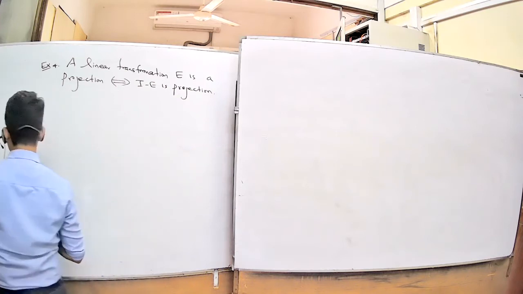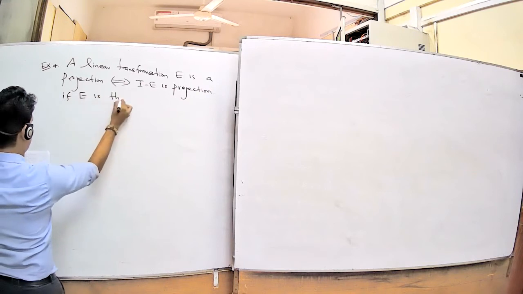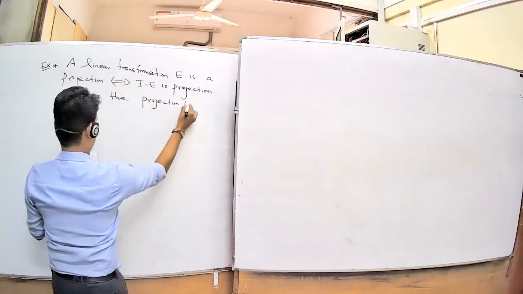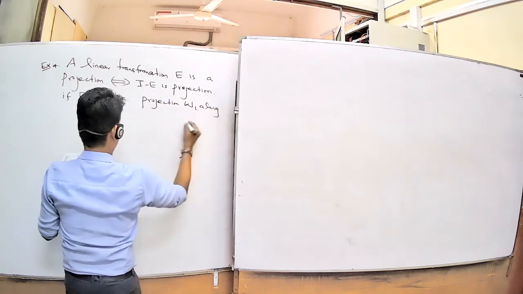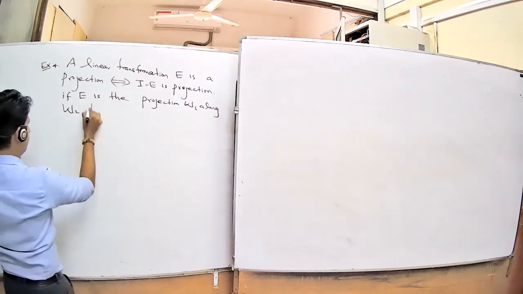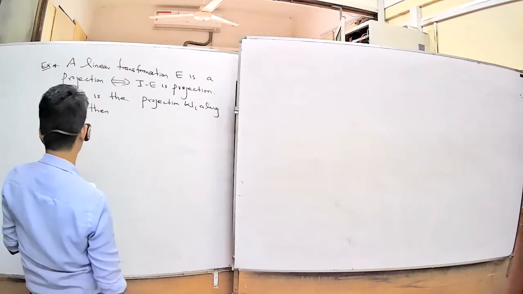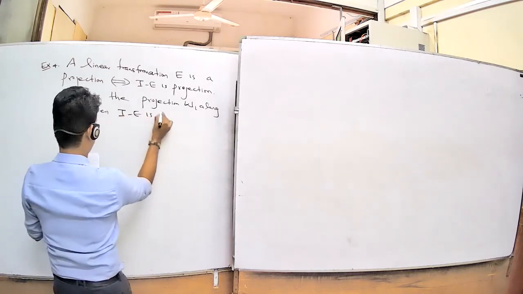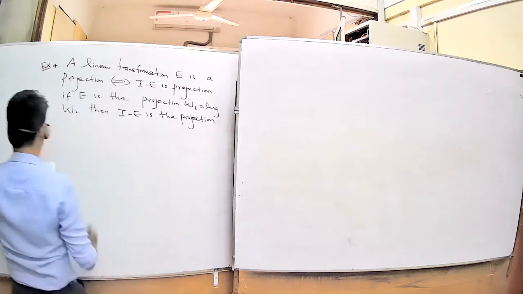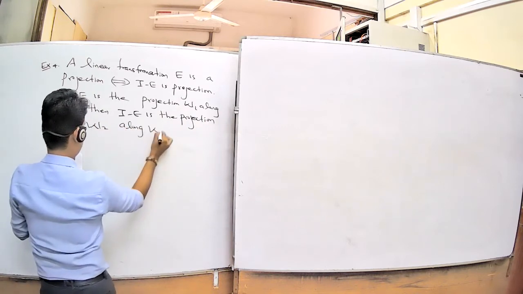If E is the projection on W1 along W2, then I minus E is the projection on W2 along W1.